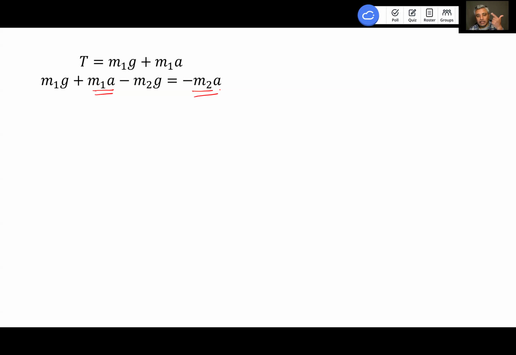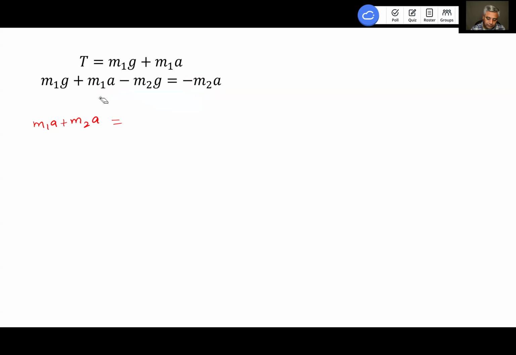Before I can solve for acceleration, I need to have just one acceleration in the equation. So to make that happen, I'm moving this to this side. So I'm copying m1a, and then I'm writing this m2a that I moved from this side. So it has a negative sign. When I move it to the left side, the sign changes.